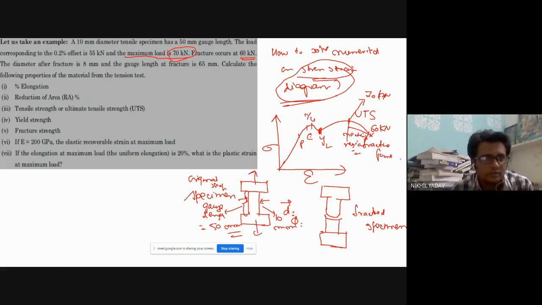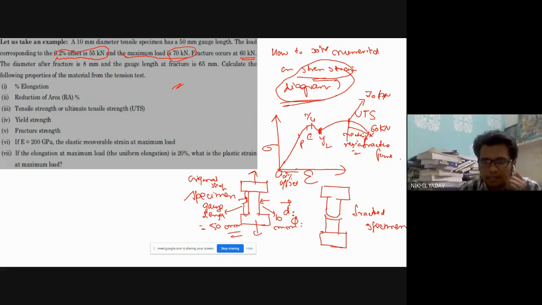Okay, fine. So here it is also saying that the 0.2% offset load is 55 kilonewton. Suppose this is the 0.2% offset from the 0 point on the x-axis.